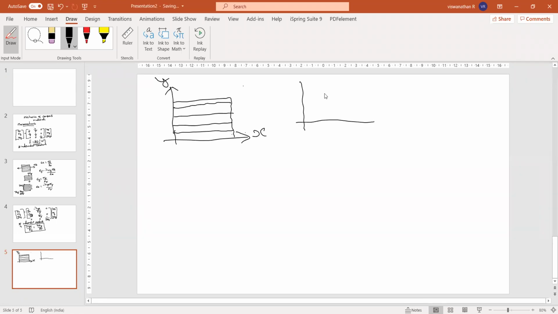With x and y, the fibers are oriented in a particular direction.